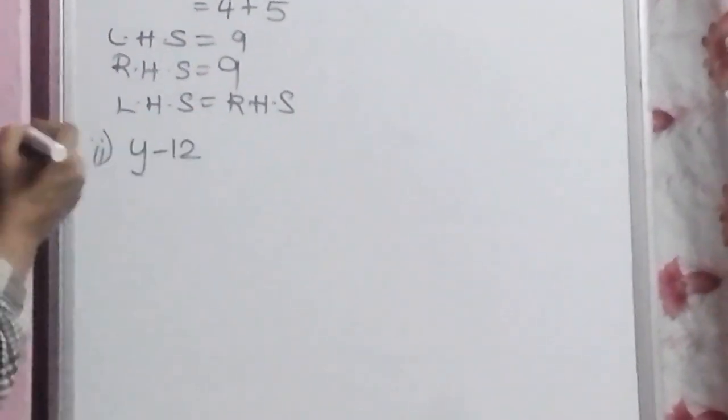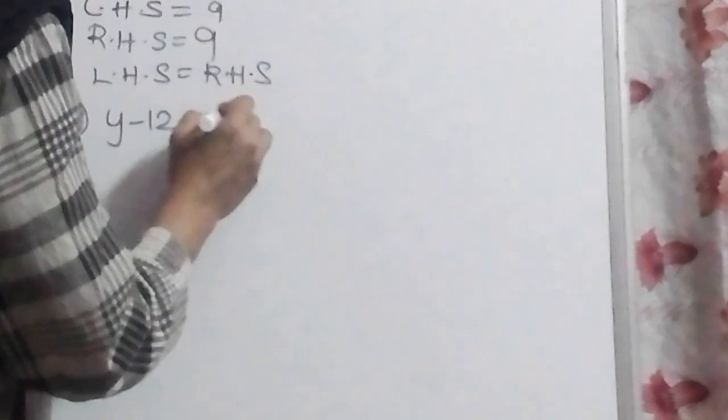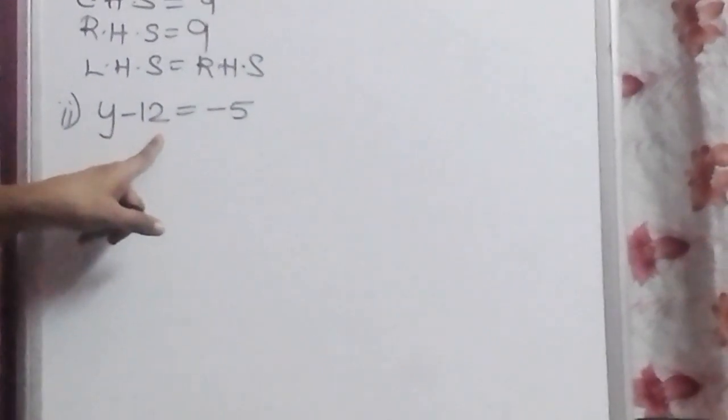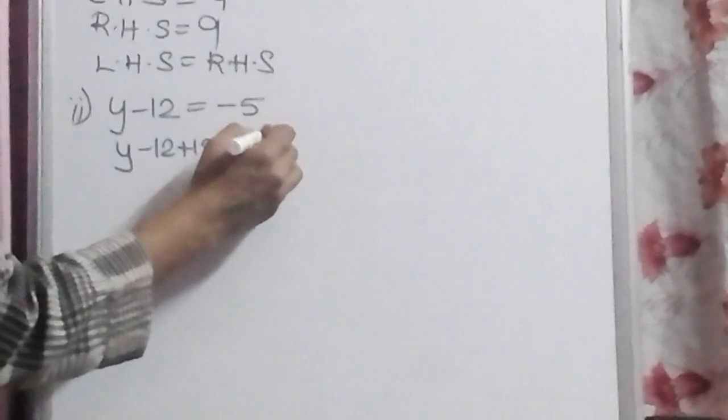It is y minus 12 is equal to minus 5. Now how to remove this minus 12? What we should do? Good. We are going to add 12 on both the sides. Minus 5 plus 12.